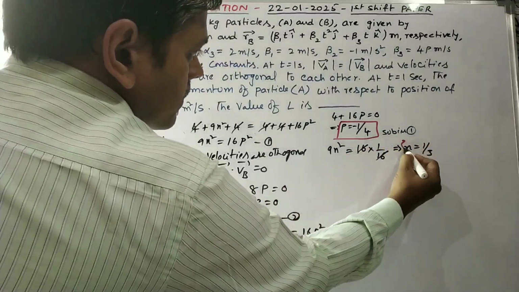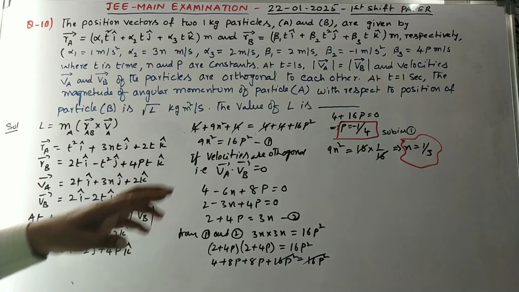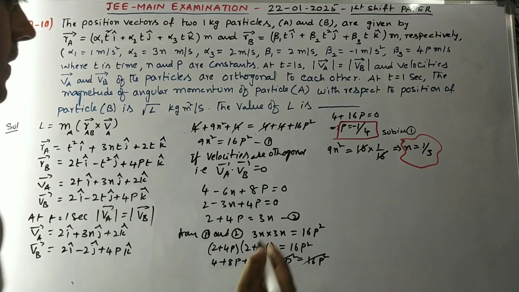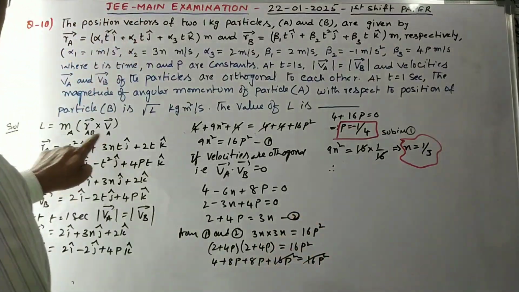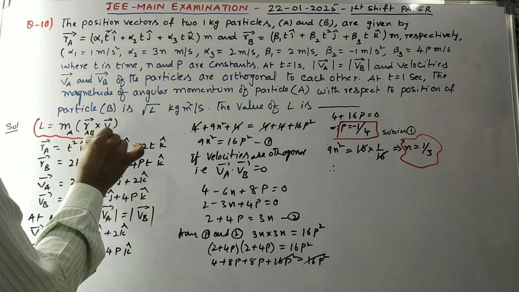Okay. Right. Now n and p values are obtained. So now these are substituted in velocity vector A. Why? Because you want to calculate the angular momentum L value.